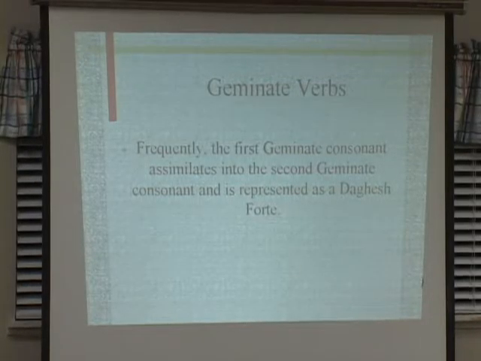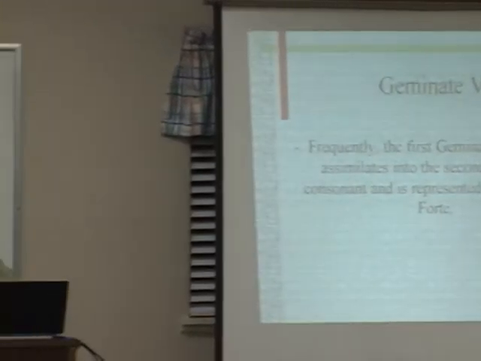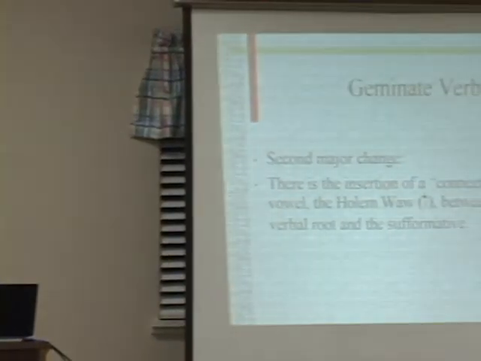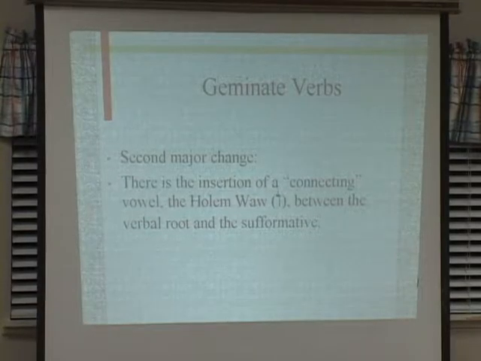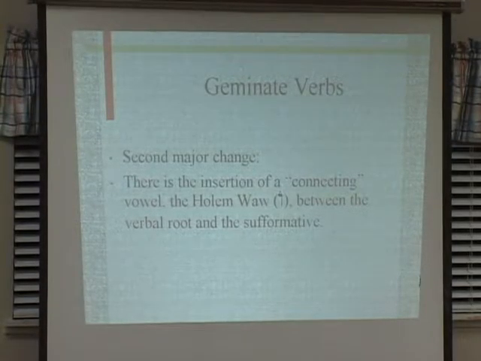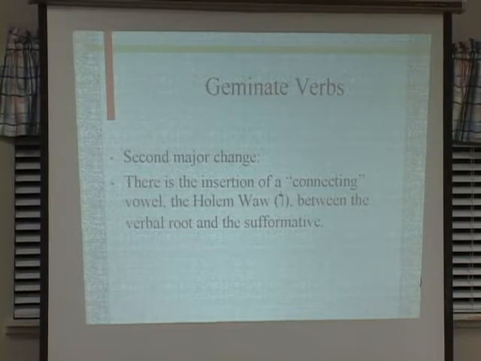It's most likely sabav, reduced to just sab, and that's dagesh forte, hiding the second reduplication of bet. And the second change is the insertion of a connecting vowel, the holem vav, between the verbal root and the sufformative. So before every suffix, there will be holem vav.